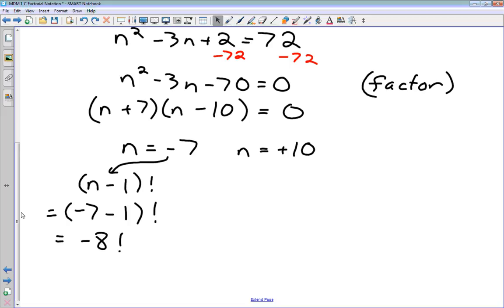And this doesn't make any sense, because we said at the very beginning that when we were doing factorials, we only wanted to use positive integers here. So because this makes no sense, we just ignore this solution, and we only keep the positive one. So n is just equal to positive 10.